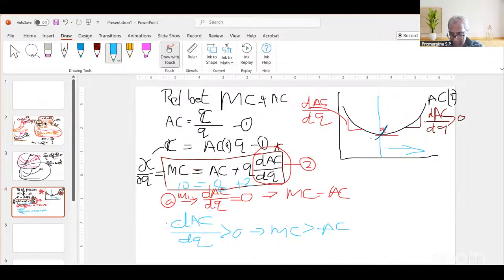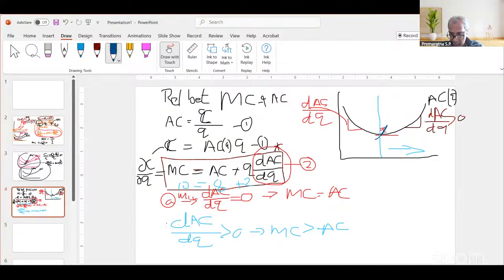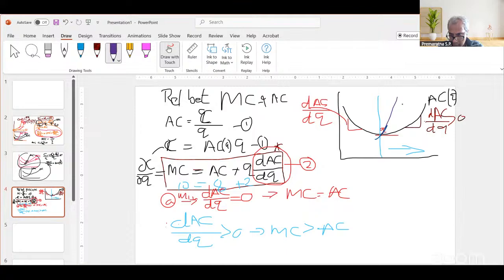After this point, the marginal cost curve goes above the average cost curve.